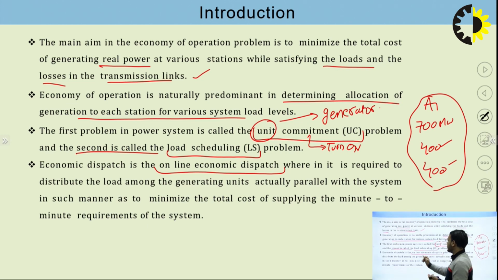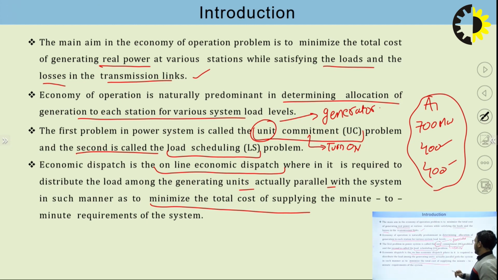So this is known as online economic dispatch, wherein it is required to distribute the load among the generating units actually in parallel with the system in such a manner as to minimize the total cost of supplying the minute to minute requirements of the system. So minimizing the total cost is your ultimate goal. This is our criteria, or our main constraint that has to be satisfied for working of the system.